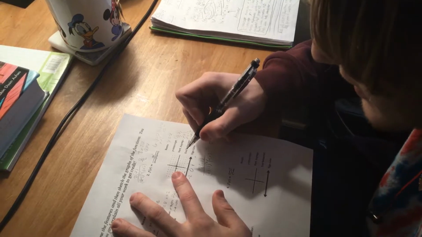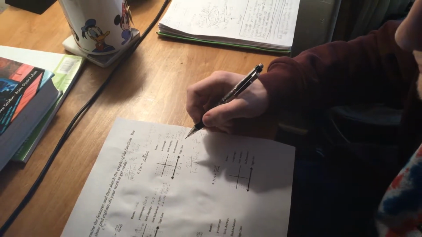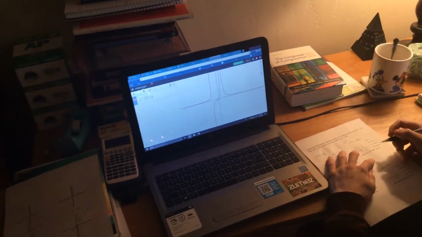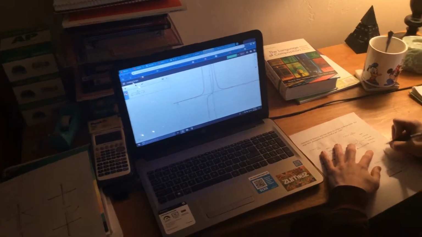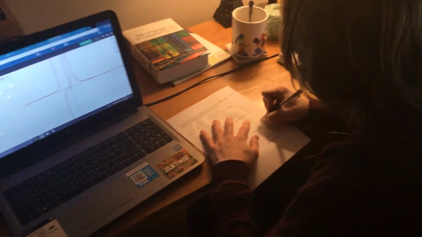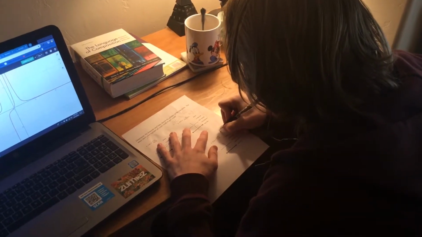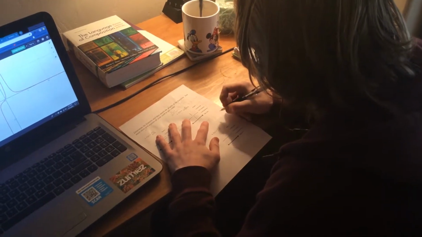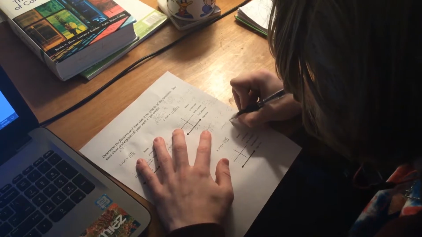Okay, so then between 0 and 1, I'm going to plug in, let's just do 0.5. So half of 2x is just 1, over (negative 0.5) squared, and then 2.5.